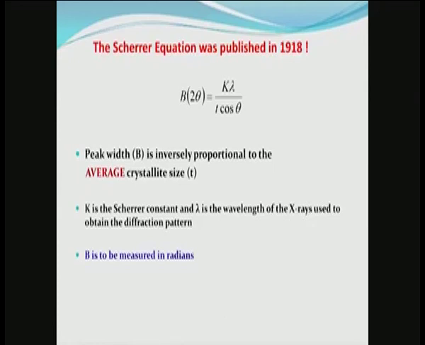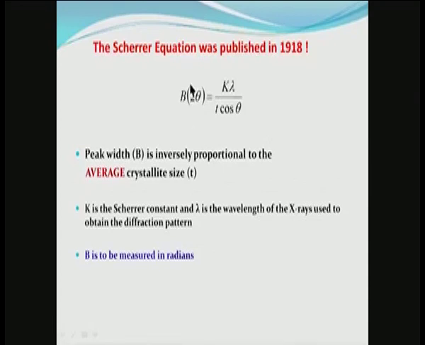Now, Paul Scherrer derived as long ago as 1918 a formula called the Scherrer formula, which relates the width of the peak to the thickness or the size of the crystals. T is the size of the crystal. So, this is known as the Scherrer formula.